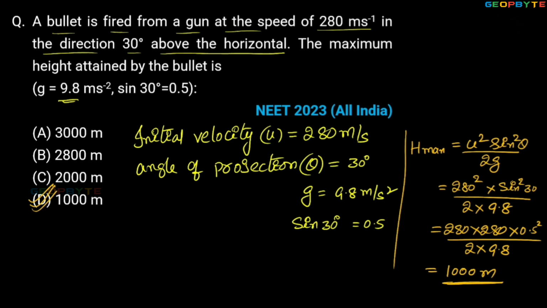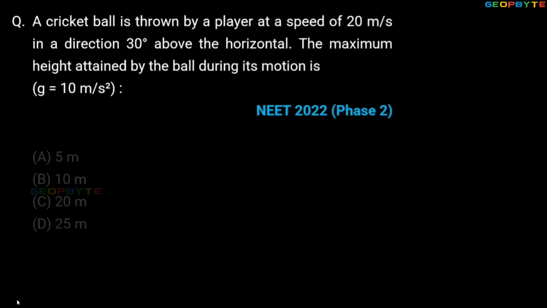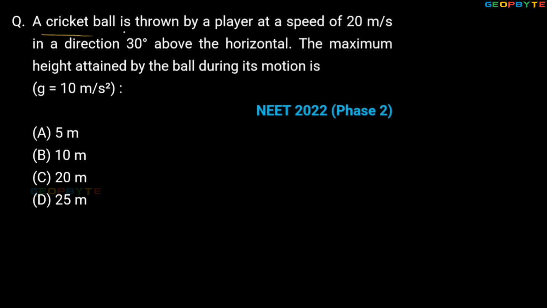Understood? Yes. Similarly, look at the almost similar problem. From this, the conclusion is that in the NEET, there is a chance to repeat a similar question. It is asking like this. Instead of a bullet, it is given a cricket ball. A cricket ball is thrown by a player at a speed of 20 meter per second in the direction 30 degrees above the horizontal.